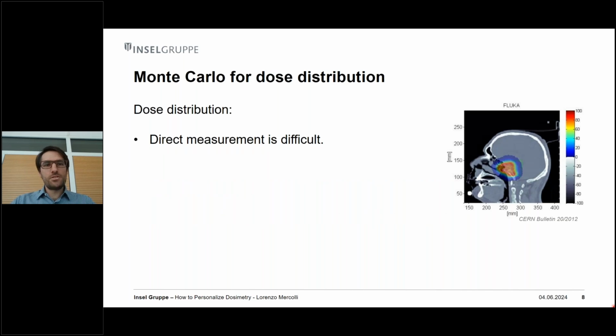Now, the dose distribution, we can't really measure it directly, at least in nuclear medicine. We cannot really do calorimetry, or we could, but we don't want to implant dosimeters inside the patient. So we somehow need to model or compute the dose distribution.